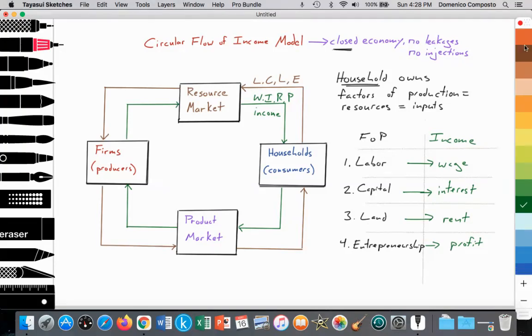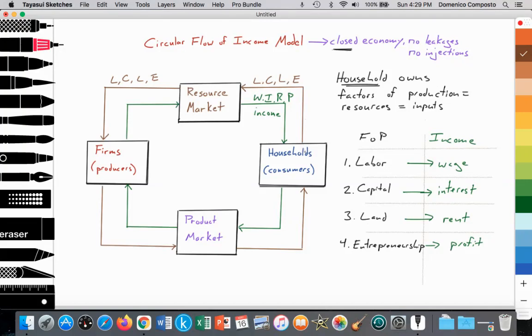So the land, labor, and capital through the negotiation process is then allocated to the firms that offer the highest amounts for those resources. Labor, capital, land, entrepreneurship, going to the firm that has been able to negotiate with the household to acquire those resources.